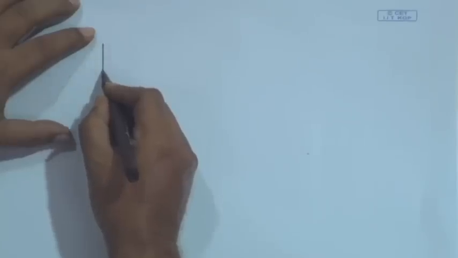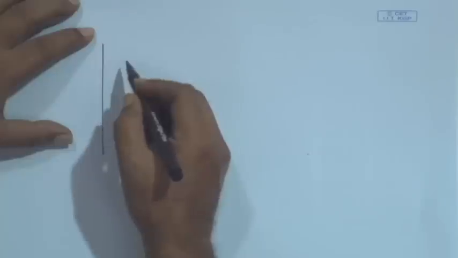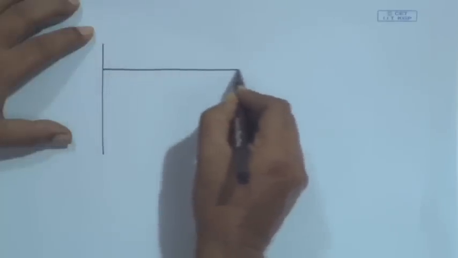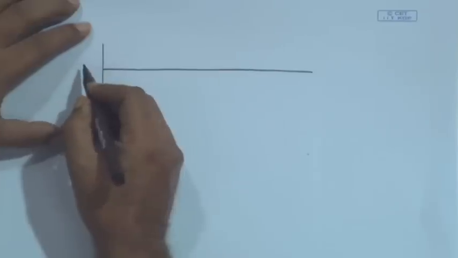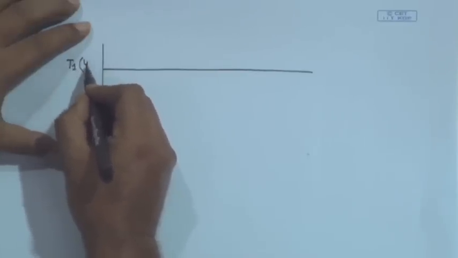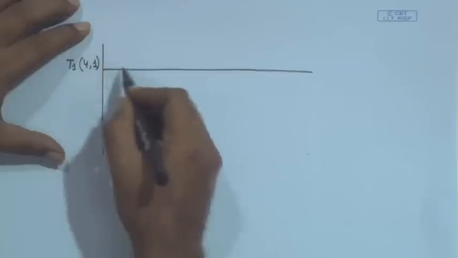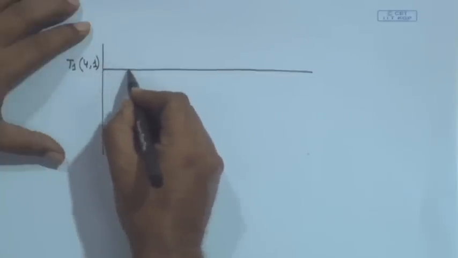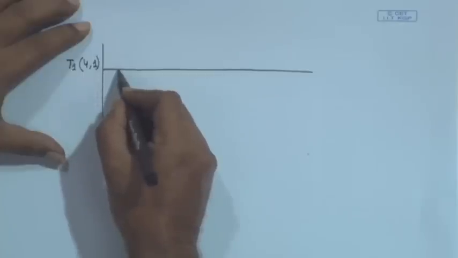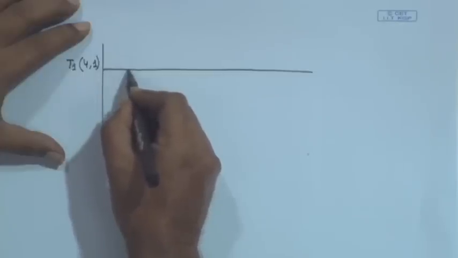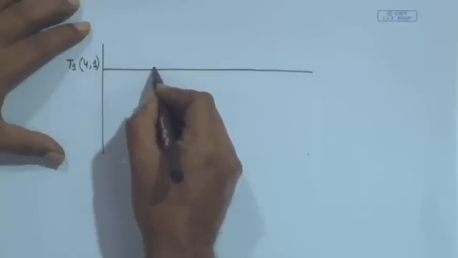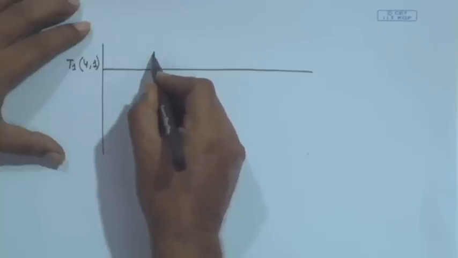If we do this, the first task T1, which was having 4, 1, let me just put the timeline first. 4 is its second arrival time.